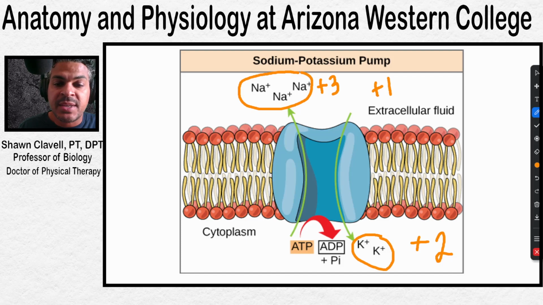The sodium potassium pump in irritable muscles, or muscles that respond to stimulus and create an action potential, they rely heavily on it. They use a lot of their energy on this sodium potassium pump.